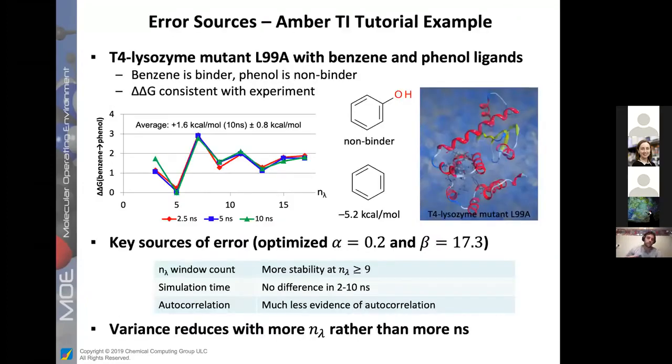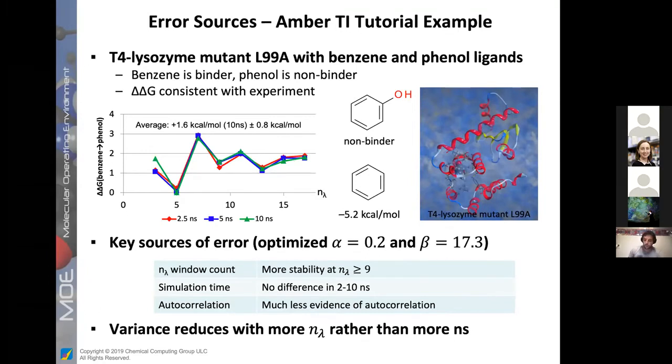So when you bring this back to the example I showed before of T4 lysozyme, now independent of the simulation length for this simple system, starting from like 9 or 10 lambda windows, we see a stable delta delta G for the benzene to phenol transformation. So we were really happy.